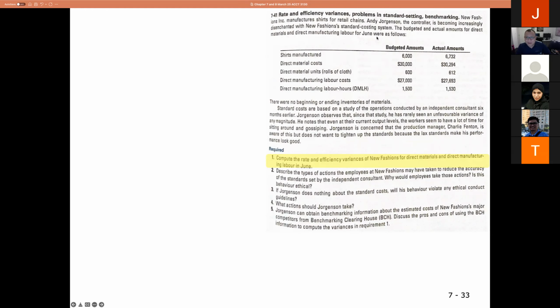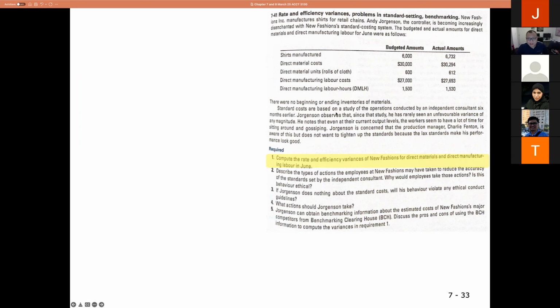So basically you have budget amount and actual amount, the 2 columns. And you have the units of shirts manufactured, the direct materials units, which will be the rolls of cloth, and direct manufacturing labor hours, okay?